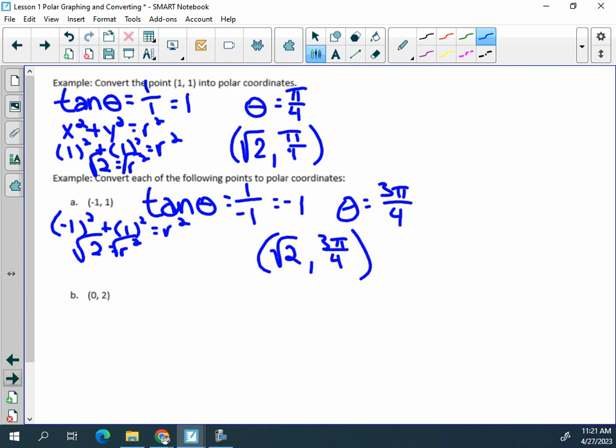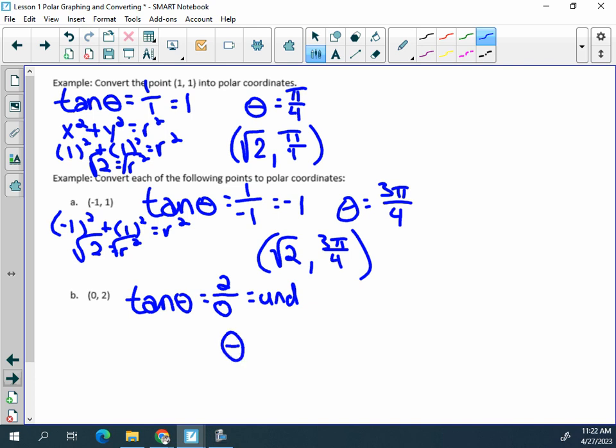All right, and then the last one, 0, 2. So tangent of theta equals y over x, which is undefined. Okay. If the y is positive, but the x is 0, that would be at pi over 2.